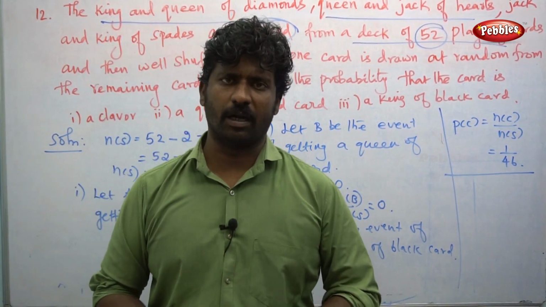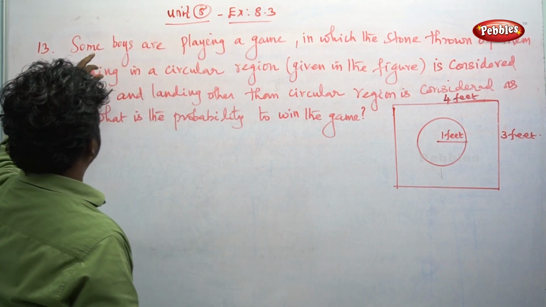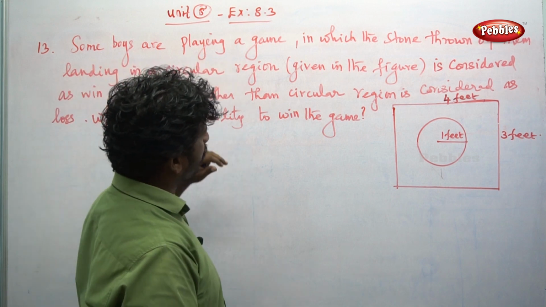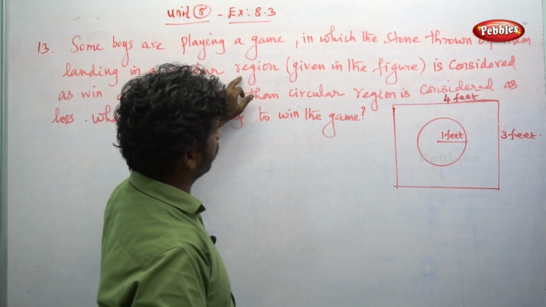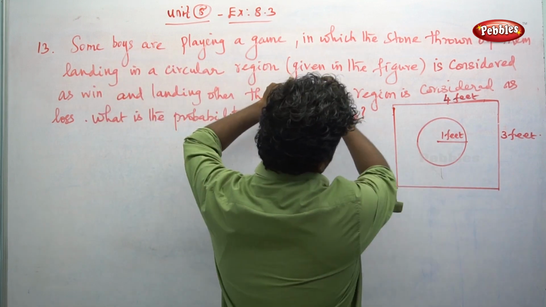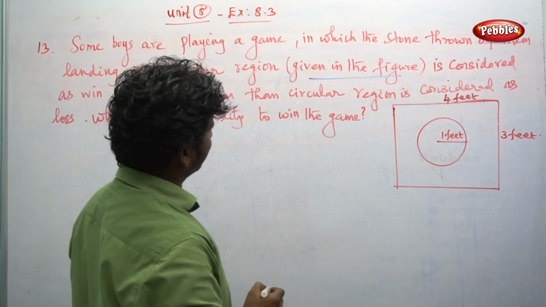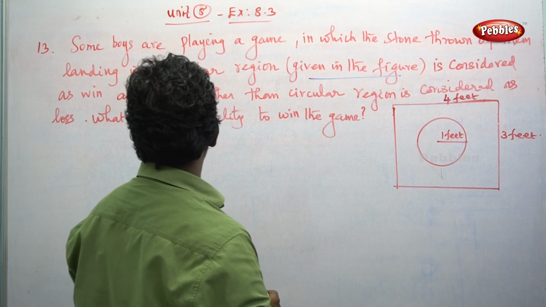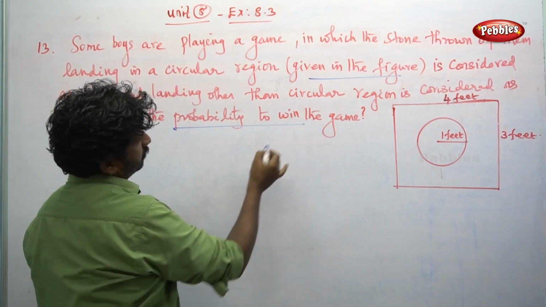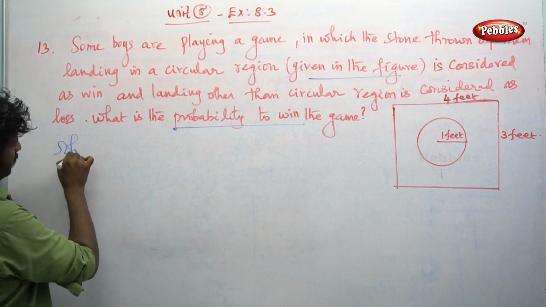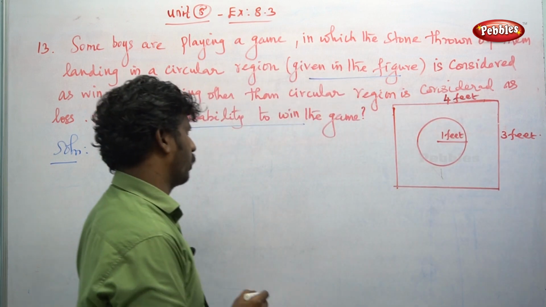Now let's see the next problem. This is the next problem, question number 13 in exercise 8.3. Some boys are playing a game in which the stone thrown by them landing in a circular region, see the figure, is considered as win, and landing other than the circular region is considered as loss. What is the probability to win the game, right? So look, first what did we find out? This rectangular region here, we found its area, right?